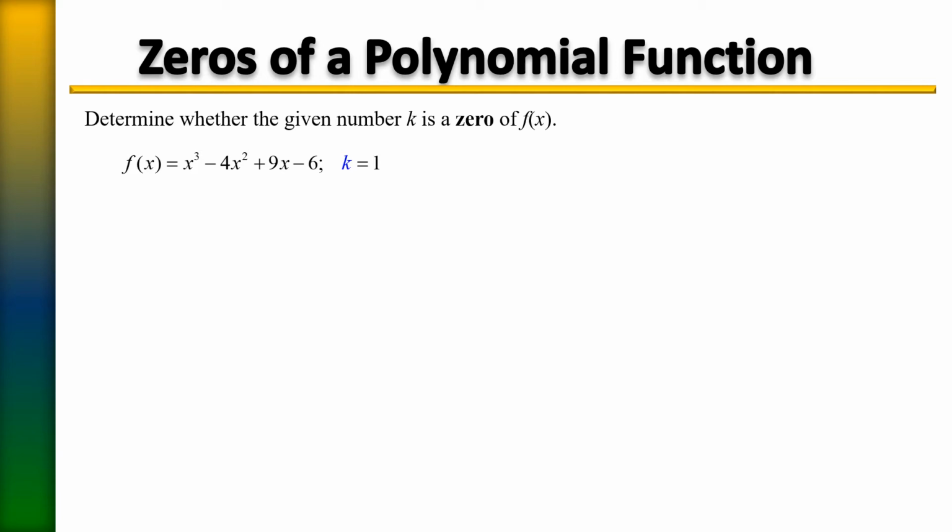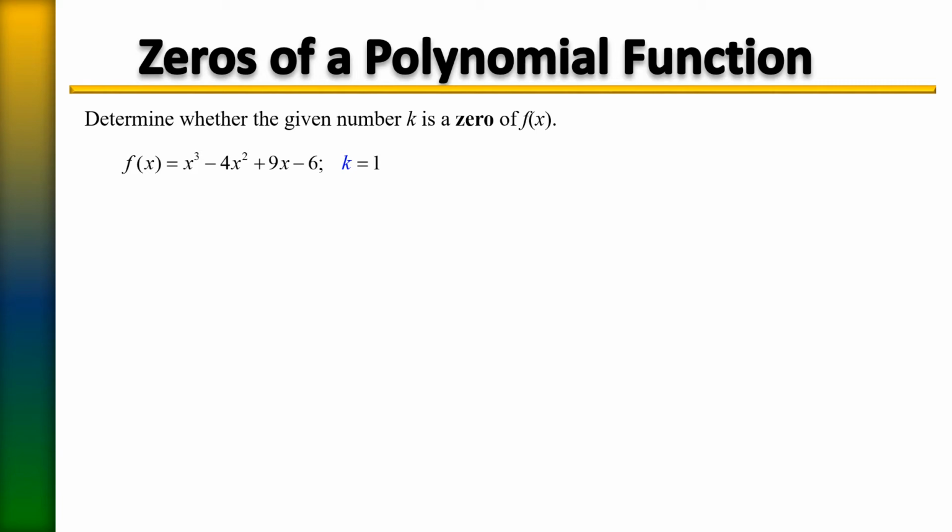In other words, everywhere you see an x, you can plug in a 1 and see what you get out. And if you get a 0 out, then that's proof that yes, 1 is a zero of that polynomial function. If that way is quicker for you, you can use that option as well.